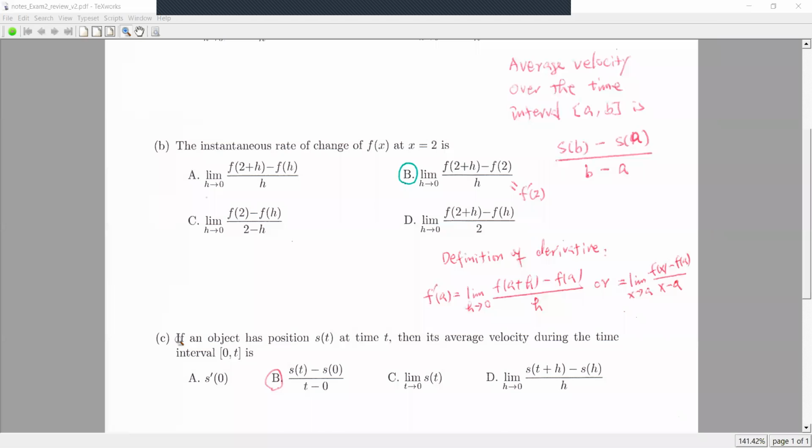Part C. If an object has position s of t at time t, then its average velocity during the time interval from 0 to t is B, by the average velocity formula.